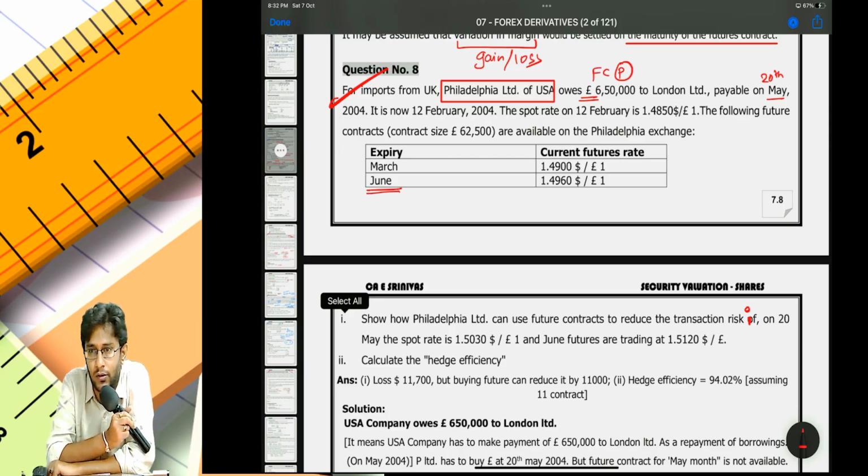Thinking should be like that, whether you write that or not. So which position? Good, long position.